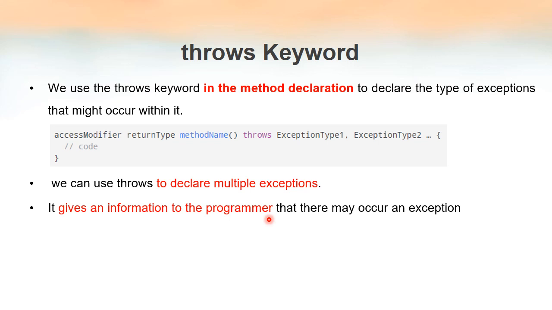When we call the method, it gives the programmer an idea what kind of exceptions he can expect from that method. So he must be ready to handle it. That is the intention of this throws keyword. It gives information to the programmer that there may be an exception when we call this method, so we must be responsible, or we must be ready to accept.